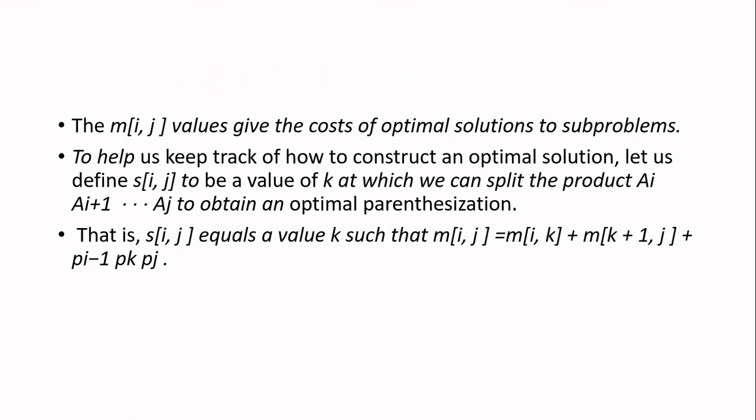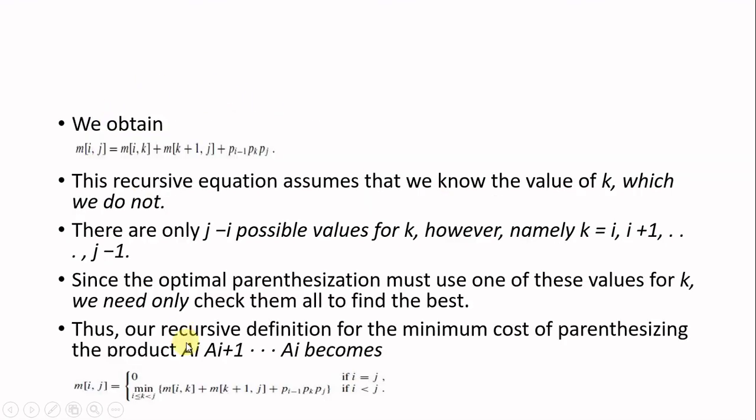So to help us keep track of how to construct an optimal solution, let us define S. We are defining one more matrix, S of i comma j, to be the value of k at which we can split the product a_i to a_j to obtain an optimal solution. We have computed m like this, but it does not store the value of k.